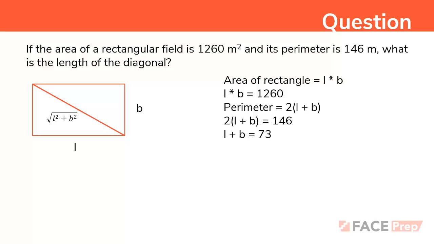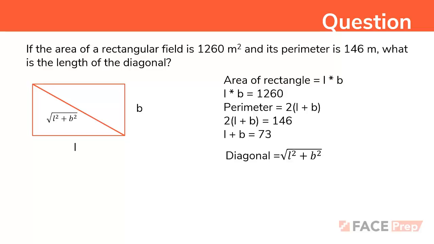So it can be calculated as 2L plus 2B, which is 2 into L plus B. So 2 into L plus B is given as 146, so L plus B will be 73. Now, these two pieces of information are given. I have to figure out under root of L square plus B square, which is nothing but my diagonal.